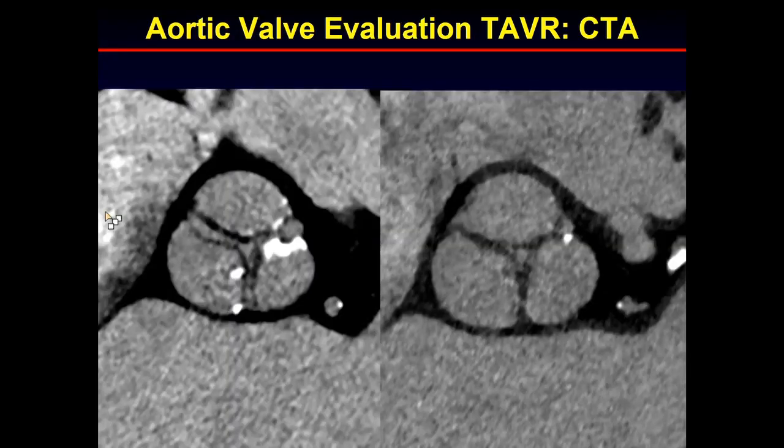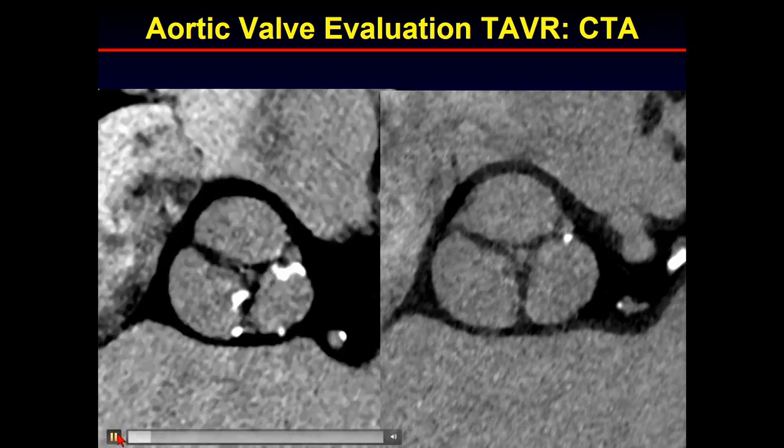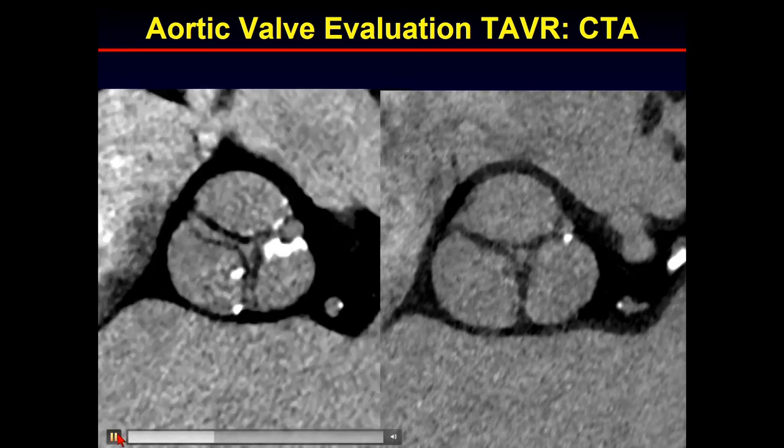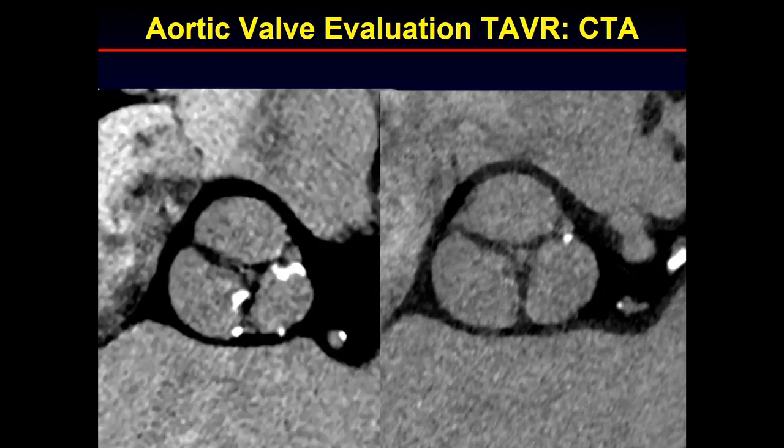So the patient went for a CT as part of the pre-TAVR evaluation, and I think you can see the valve in motion, systole and diastole. That's pretty severe AS. And you'll also notice that the patient has some degree of aortic insufficiency. The calcium score on this aortic valve was 3920, severe.